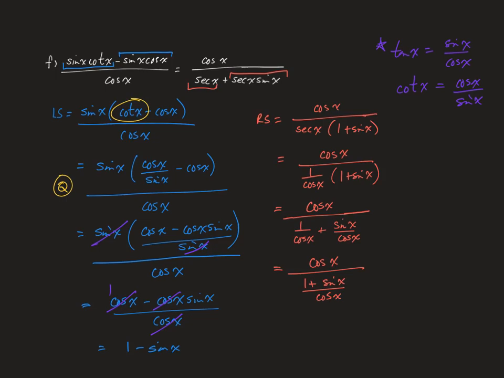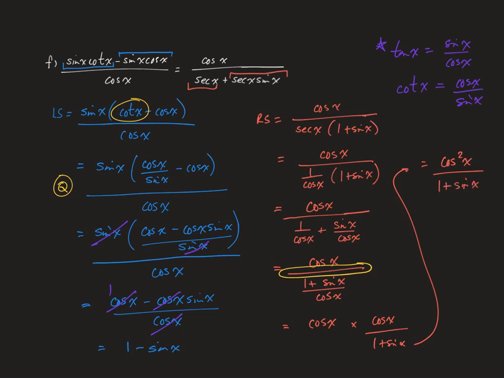Well, now that I get to this point, I am now taking my cos x, and since my denominator is one fraction, then to divide by a fraction, I am going to flip and multiply. And that's going to get me to a cos squared x over 1 plus sine x. And now that thing is fully simplified, but it doesn't look like the ending of the blue.